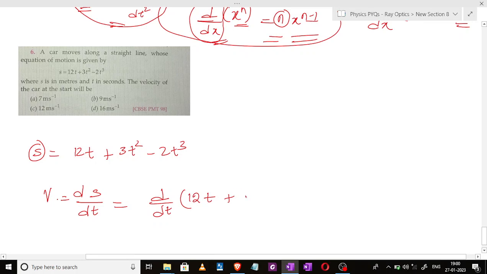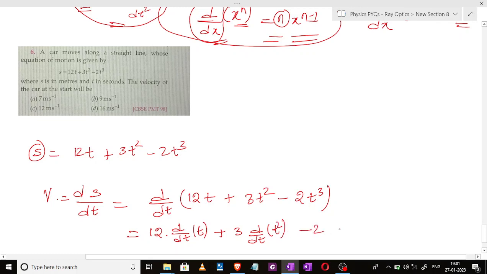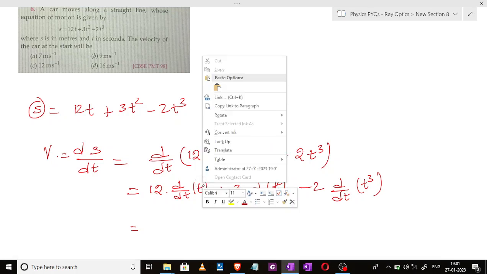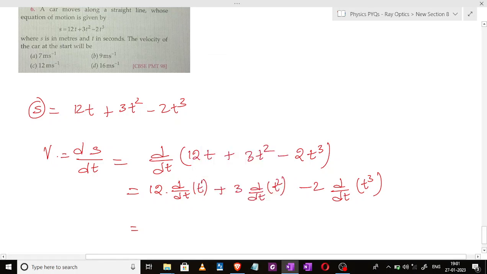So let's differentiate: ds/dt of 12t + 3t² − 2t³. 12 is a constant, we do not differentiate it, so 12 times d/dt of t, plus 3 (constant) times d/dt of t², minus 2 (constant) times d/dt of t³. Okay, so let's do it. d/dt of t: there is no power written on t, so the power is 1.